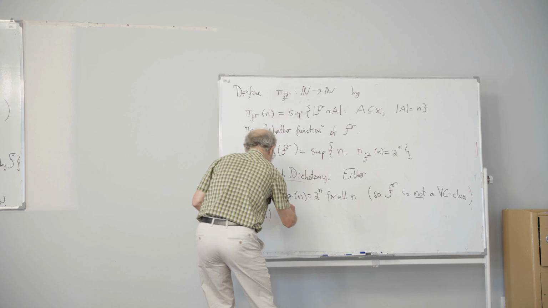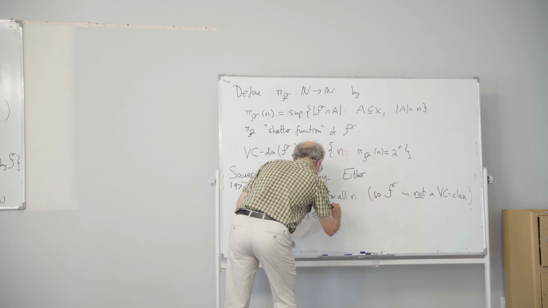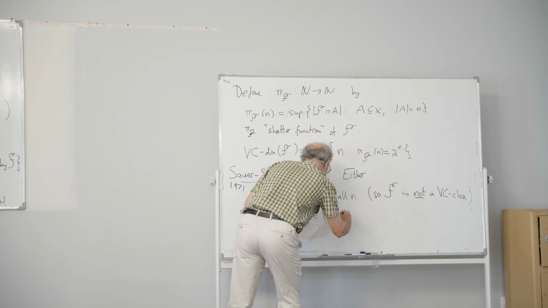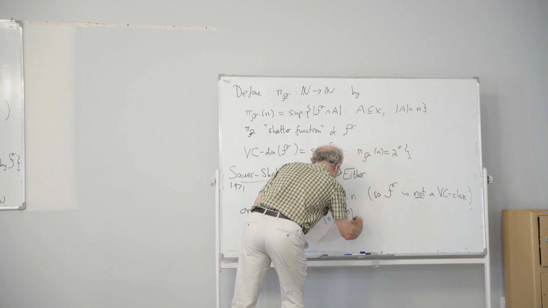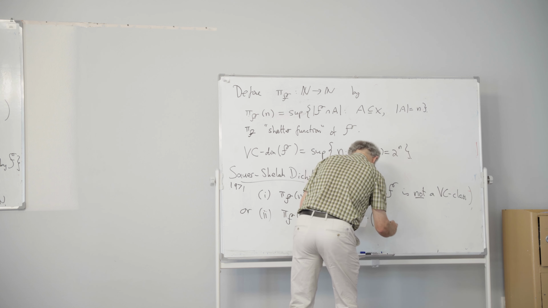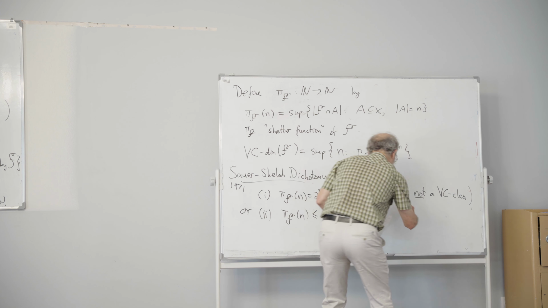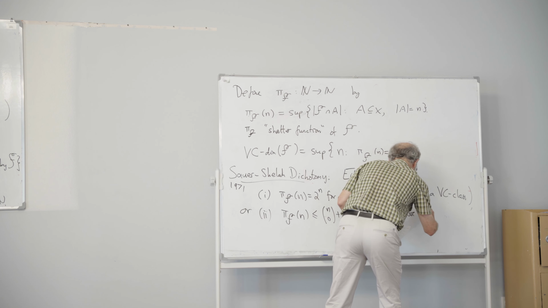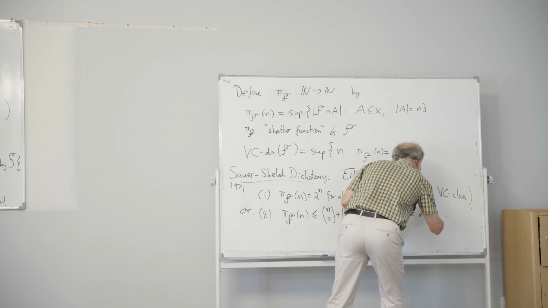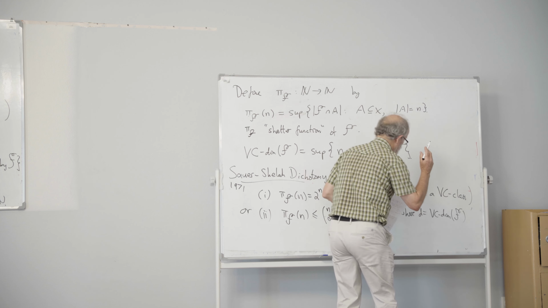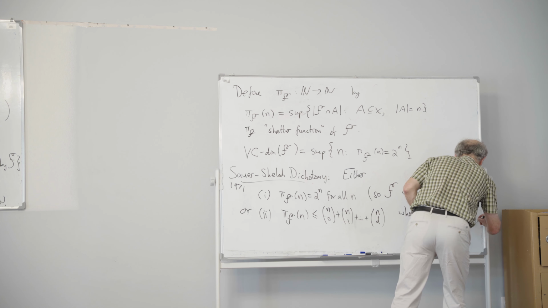So you get that pi f of n is less than or equal to n choose 0 plus n choose 1 plus dot dot dot plus n choose d, where d is the VC dimension of f. And this is the case when it's a VC class, so d is in the natural numbers.